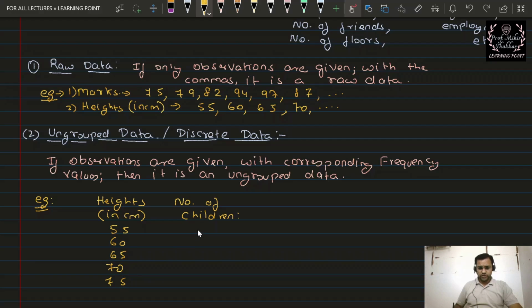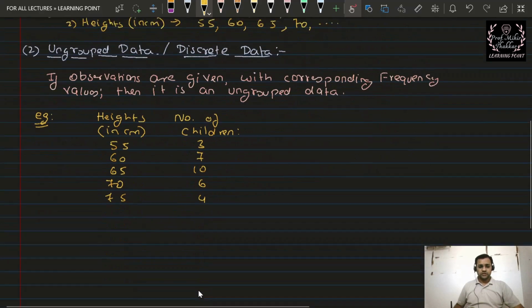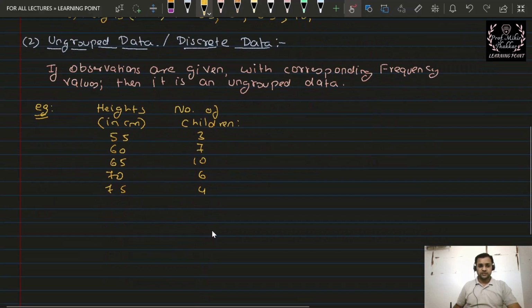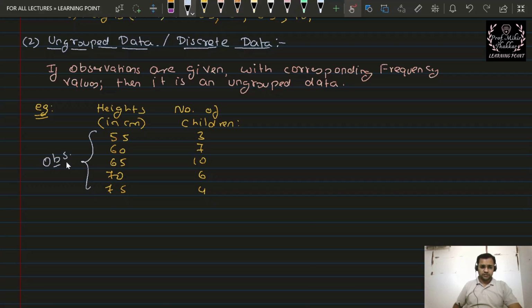Along with the corresponding number of children, let us say 3, 7, 10, 6, and 4. So this kind of presentation of data is called as an ungrouped data because these are the observations and these are the frequency values. So this becomes your ungrouped data.